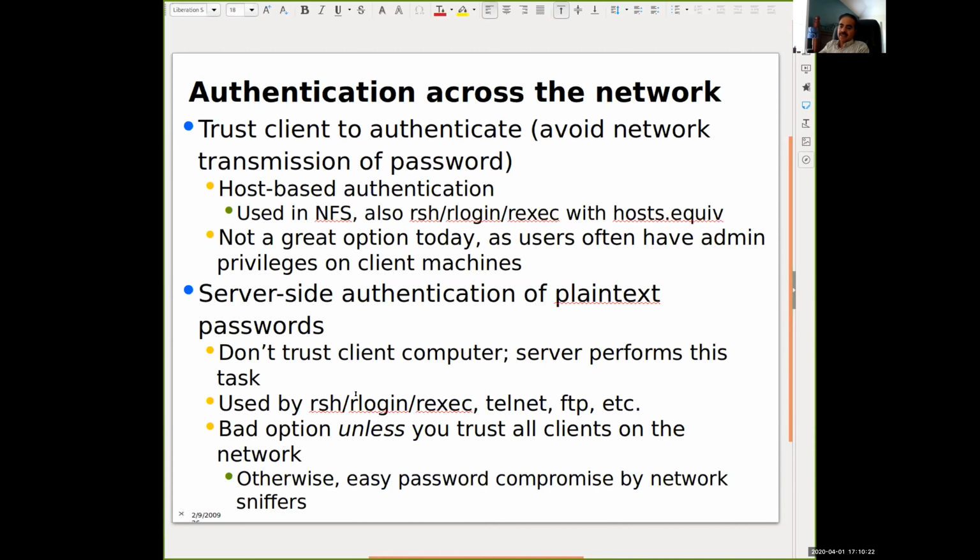Because once your base operating system is compromised, then all bets are off, right? Your master password can be captured, and anything and everything is suspect from that point on.